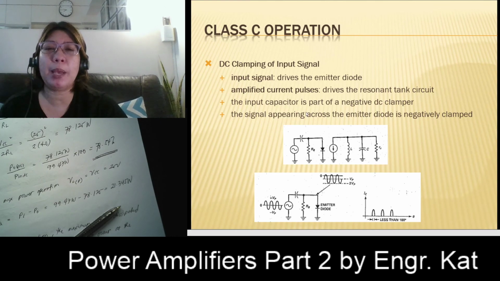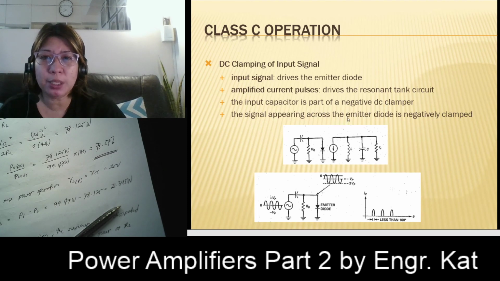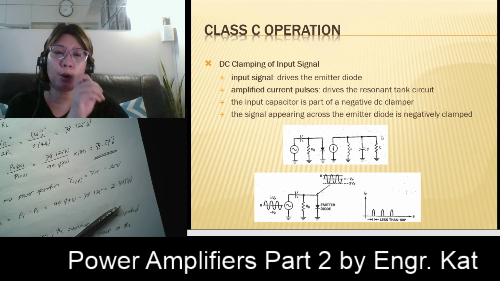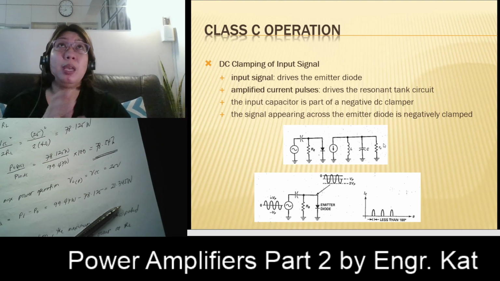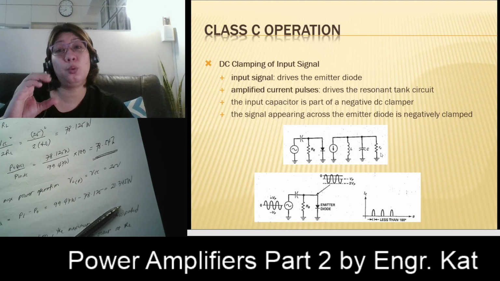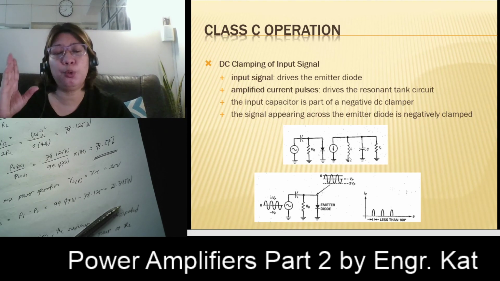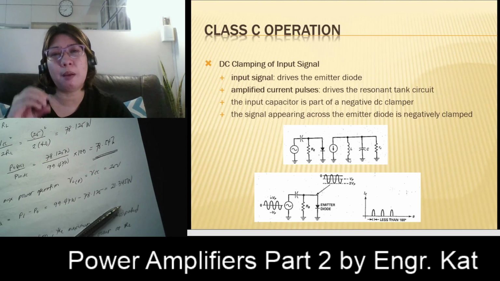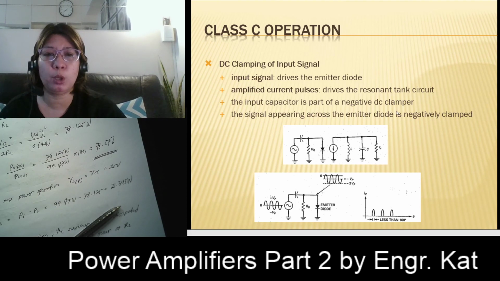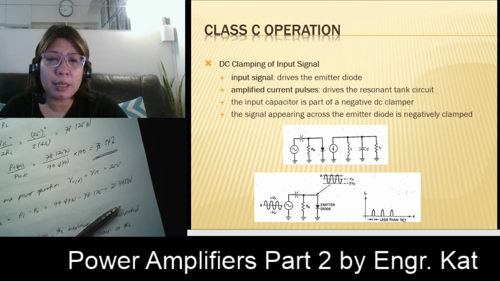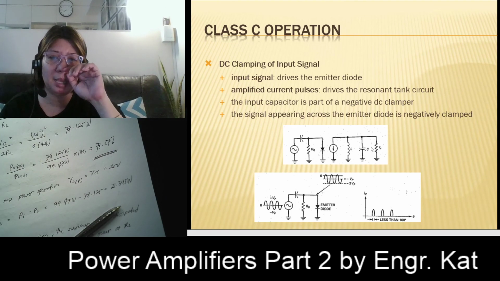The input capacitor is part of a negative DC clamper, so the signal appearing across the emitter diode is negatively clamped. So it allows only the 0.7. Below 0.7 you don't have any output, but above 0.7 you have your output, therefore making your output pulses less than 180 degrees.